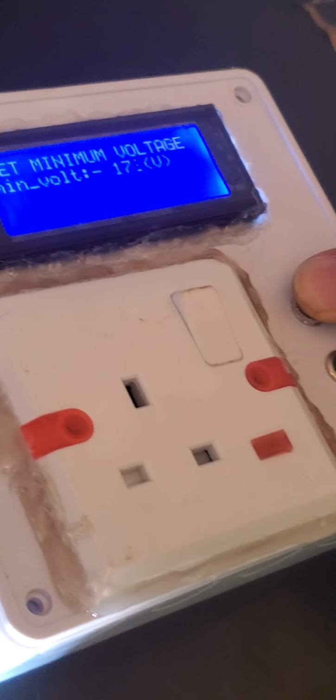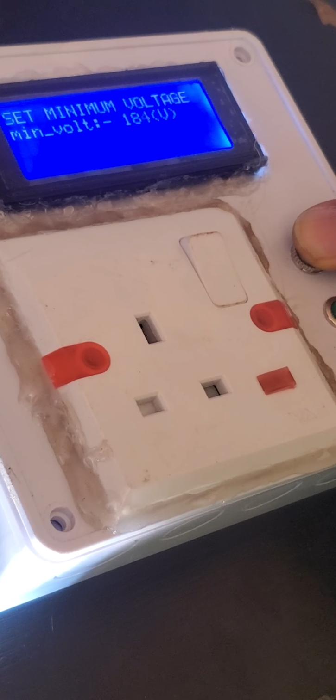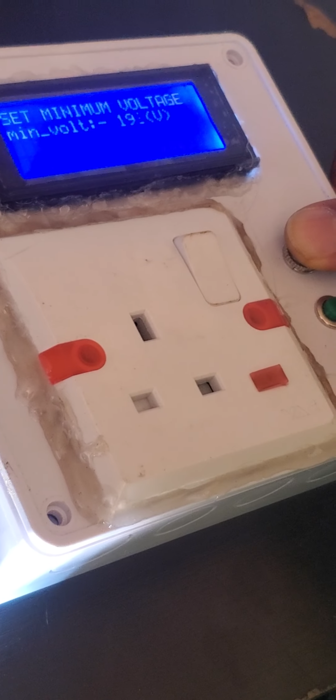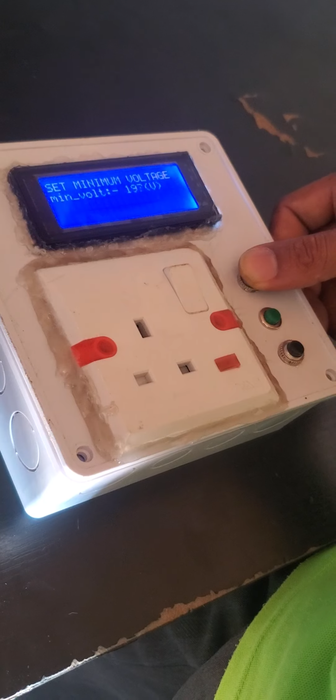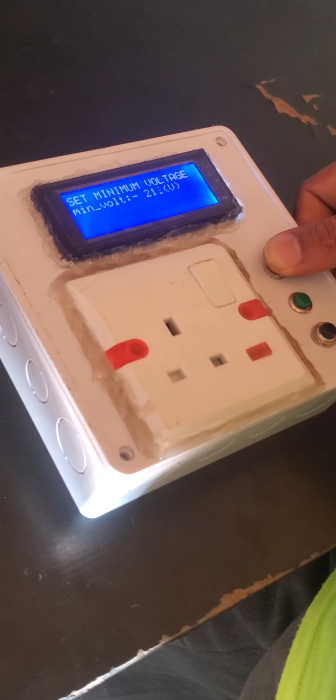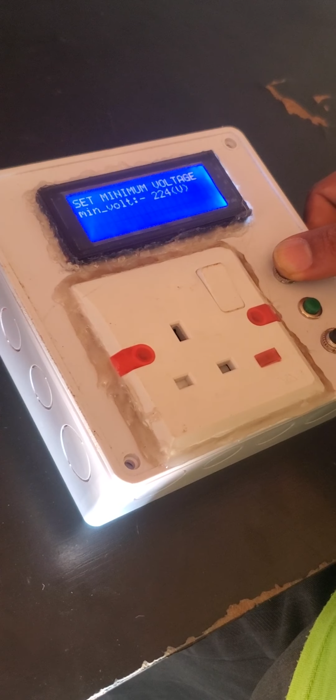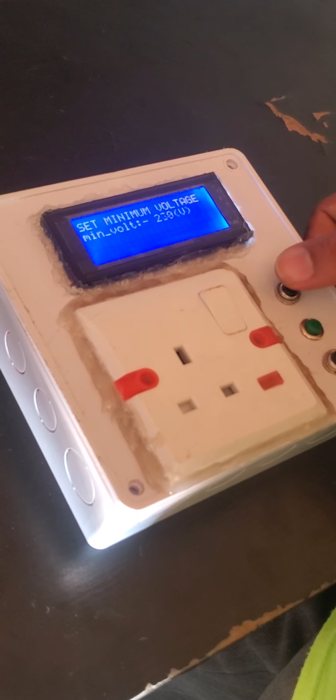It's still incrementing. Still incrementing. 230.